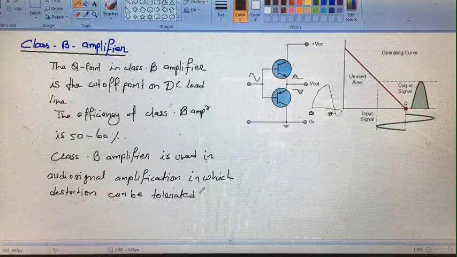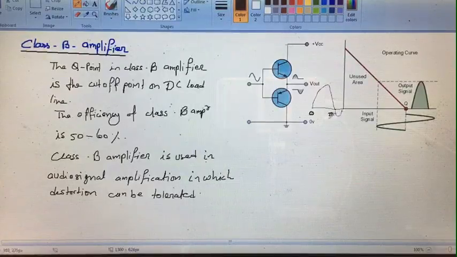In the class A amplifier, efficiency is nearly 25%, and in the class B amplifier the efficiency is 50 to 60%. It responds only to half of the input signal, its quiescent point is at the cutoff point, and it gives collector current for 0 to pi, while the other half cycle is restricted.